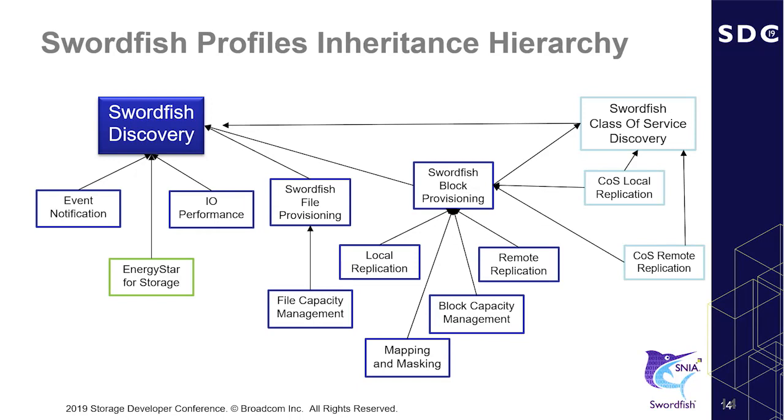Okay, so some of these other ones, just to clarify, local and remote replication have very, very similar requirements. In fact, they're identical, except that you need to be able to differentiate a local fault domain from a remote fault domain. That's the only reason those two things are separate.